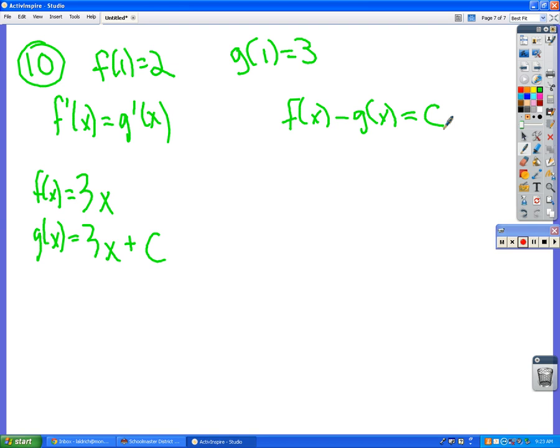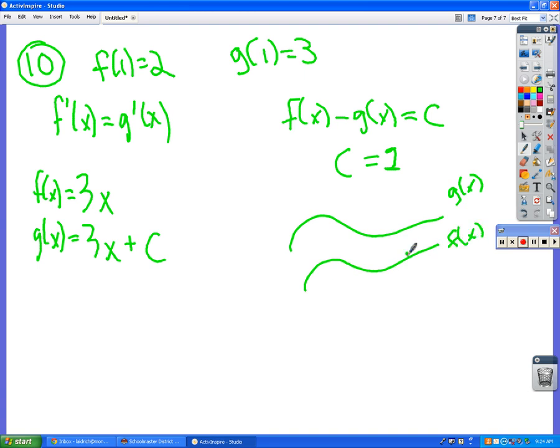Because they gave us some initial values, you know that they differ by 1 or negative 1. You know that g of x is the same function as f of x, but it's just up 1 unit. Does that make sense?